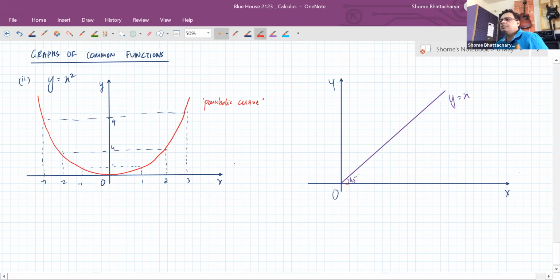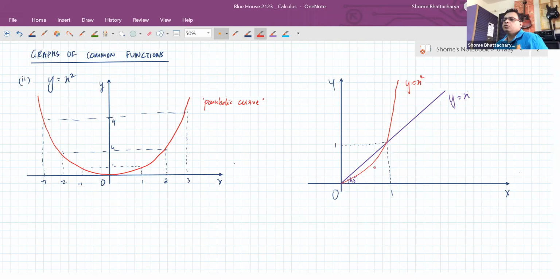Now, if you compare the parabola y is equal to x square to it, that will be a shape something like this. So you can see that up to the point x equal to 1, the line is having a larger value compared to the parabola. But at x equal to 1, y equal to 1, they intersect, and then the parabola has a larger value. Okay.